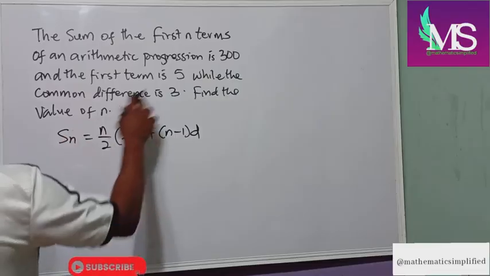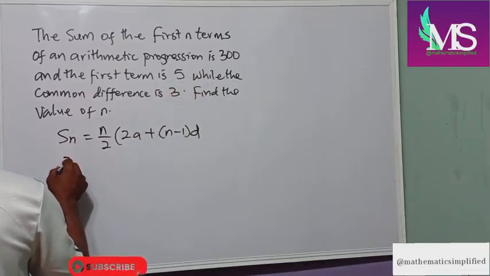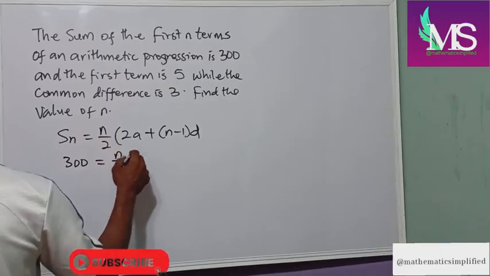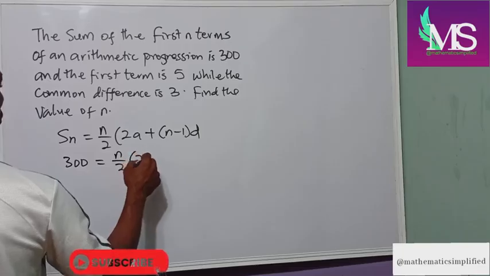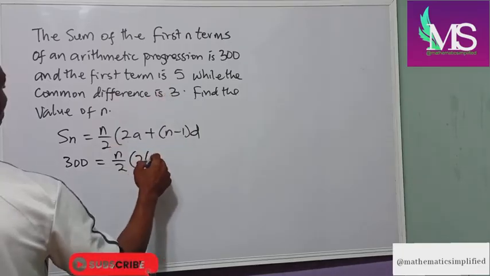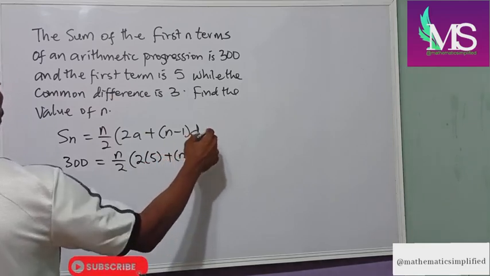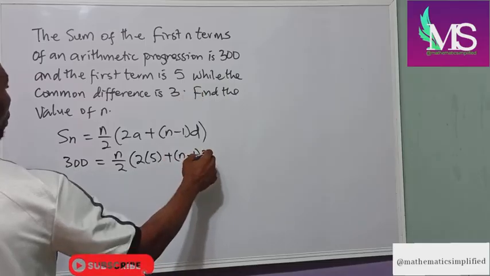Now we've been given that the sum of terms is 300, equals n over 2 brackets 2, our a is our first term, plus n minus 1, common difference is 3.